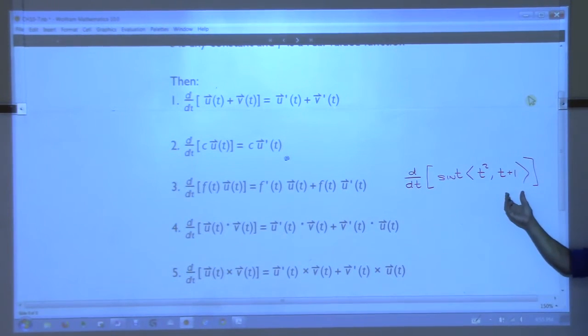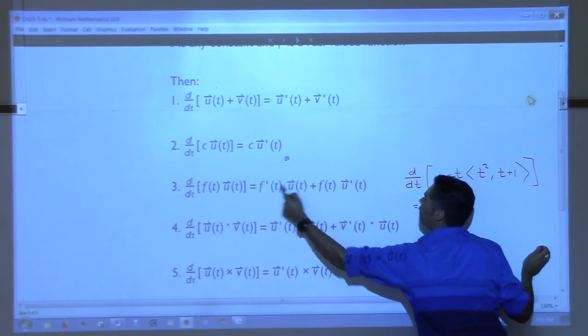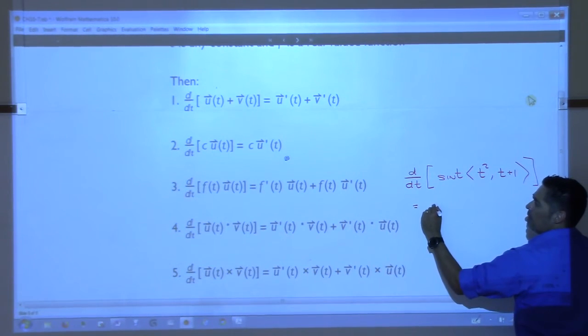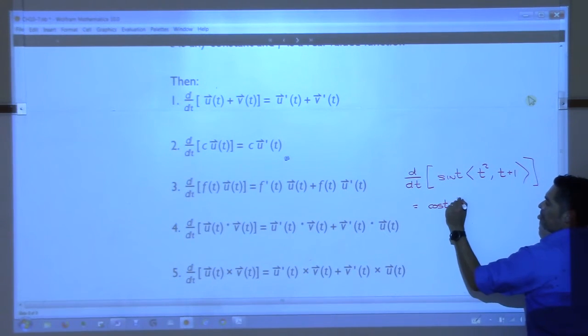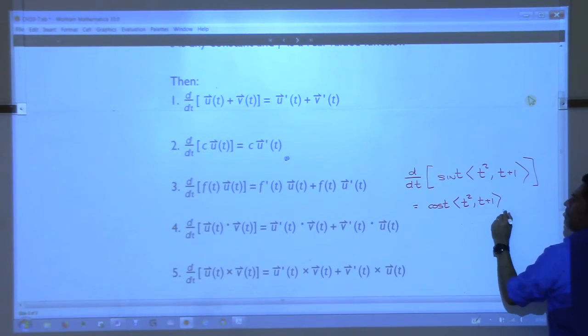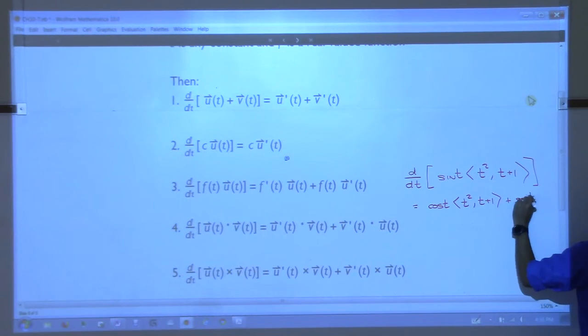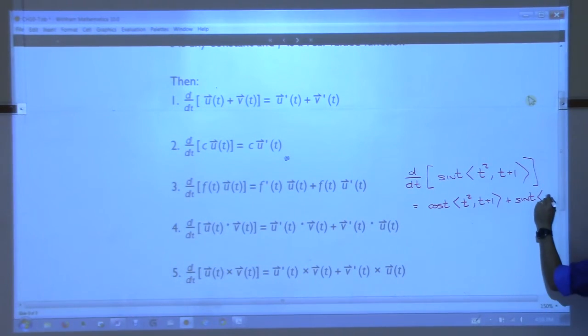You could just multiply this through and then take the derivative of each component separately, or you could just use this little product rule, which means you take the derivative of the scalar function, which is cosine t, times the vector function t squared, t plus 1, plus the scalar function sine t times the derivative of the vector function, which would be 2t, 1.